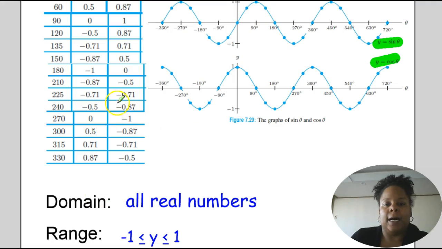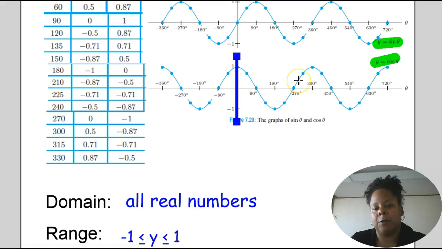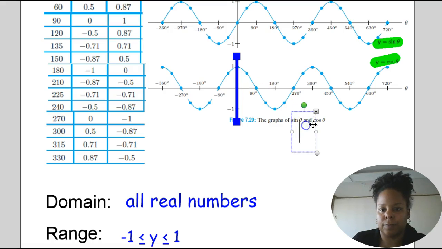Okay, and then let's talk about the symmetry. If I were to reflect this graph across the line x equals 0, it would be the exact same graph. That's because the cosine function is symmetric about the y-axis, and we call that even. So this is an even function.